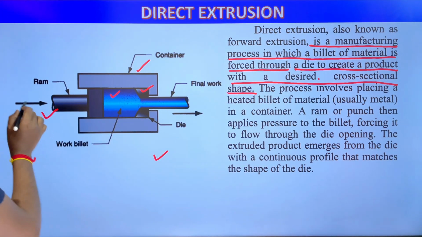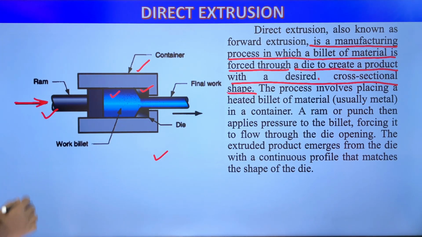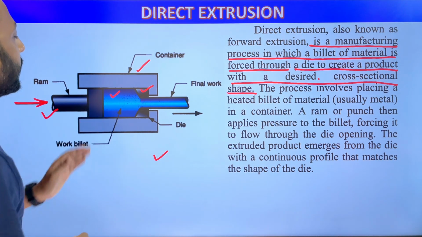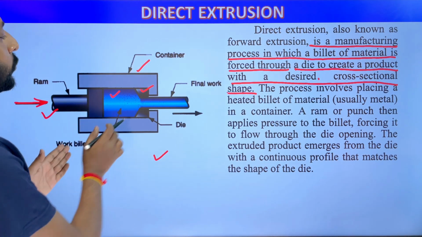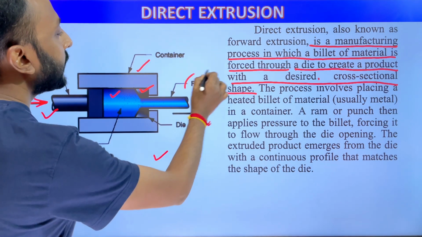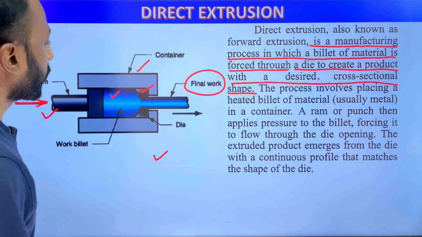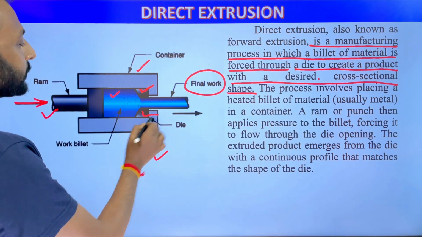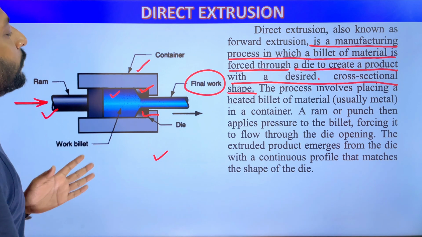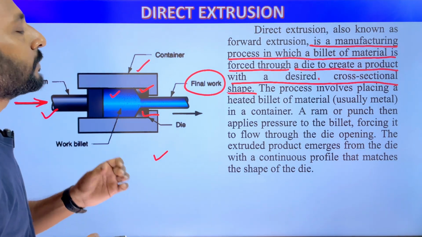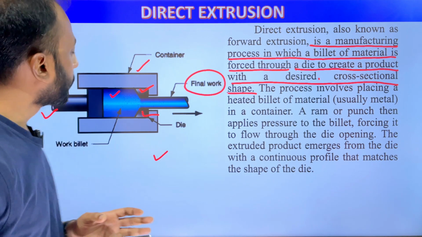So when we apply force through this ram, the force is applied to the metal billet, and metal billet is forced to come out through this die opening, and we get the desired final work or final product. The shape of the final product depends on the die opening. So we have to make the die to the particular shape to get the particular desired shape of product.